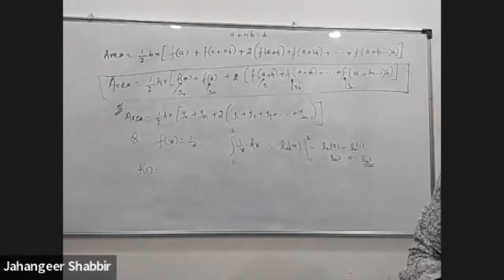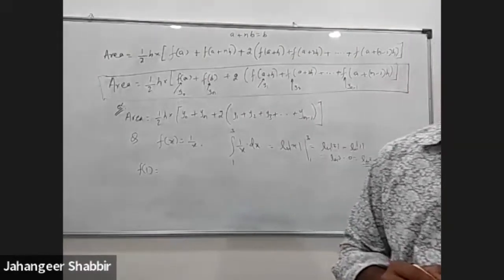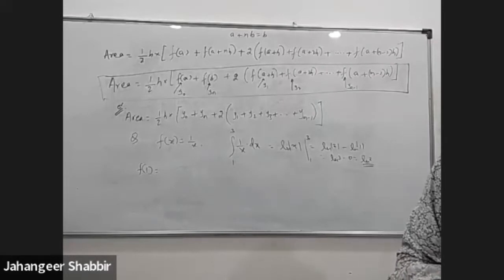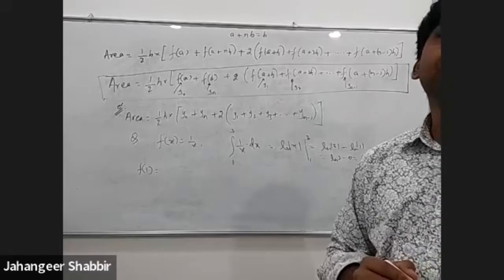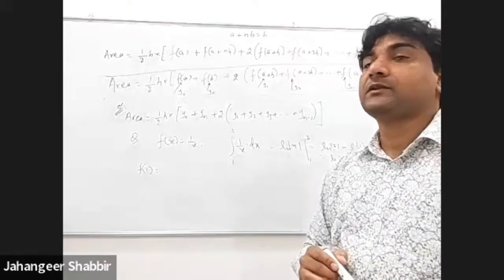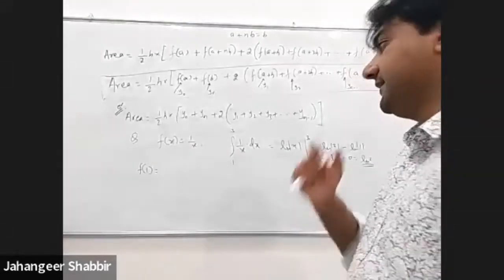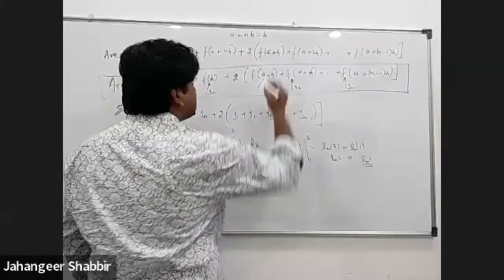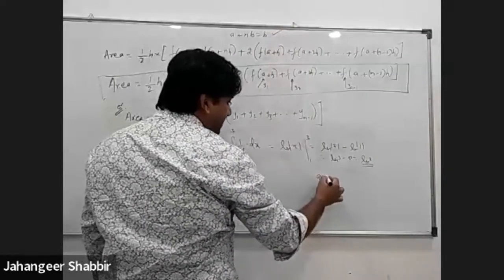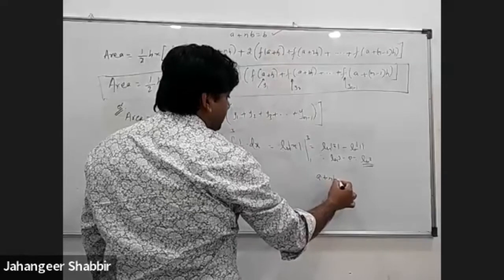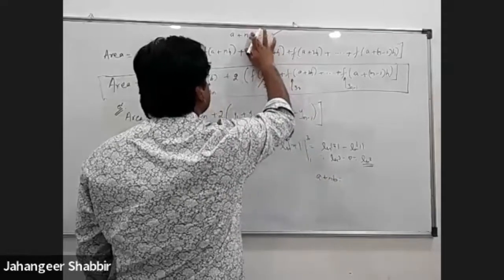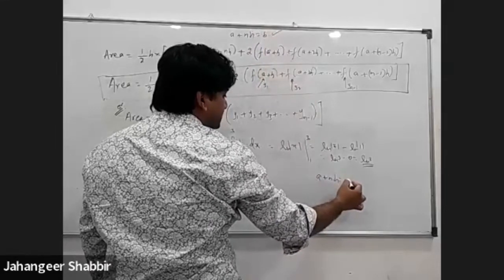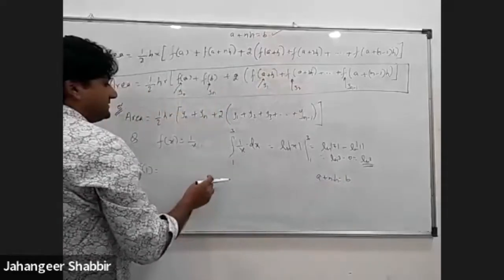And what would be the value of h over here? A plus nh equals b, so we use this result, a plus nh equals b, and we have a as 1.